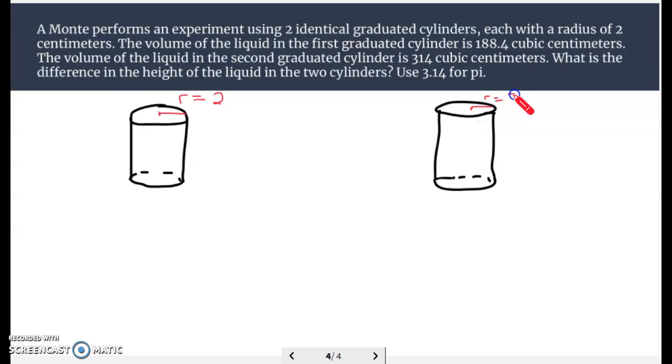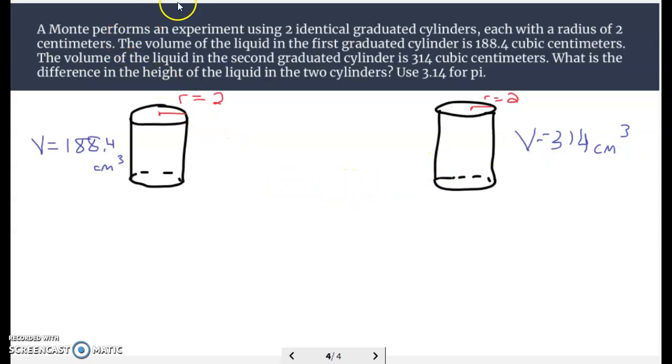R equals 2. And it says the volume of the liquid in the first cylinder is 188.4. V equals 188.4. And that is in centimeters cubed. This one, the volume is 314, exactly, centimeters cubed. What's the difference in the height?